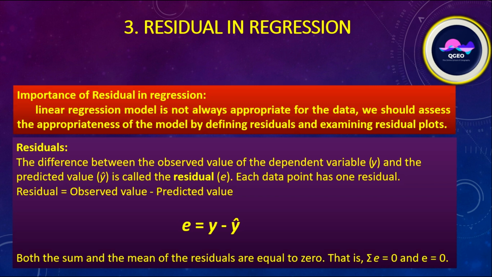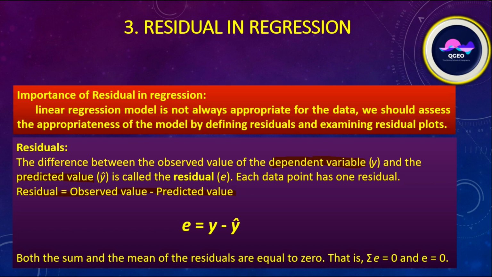What is a residual? The difference between the observed value of the dependent variable, remember it will be the dependent variable, and the predicted value, that is y dash, is called the residual, that is small e. Each data point has one residual, so we can easily formulate the relation: residual is equal to observed value minus predicted value.